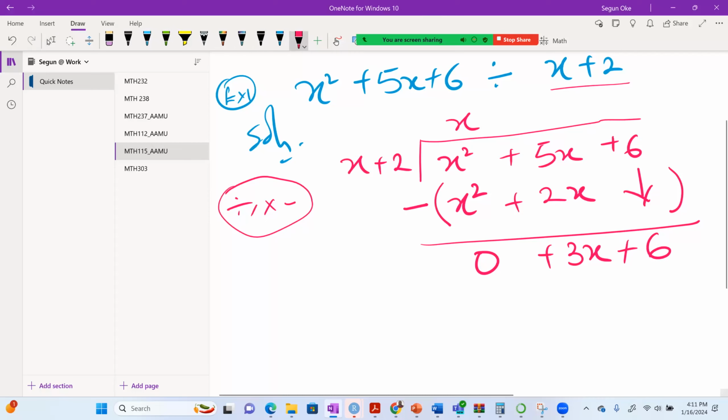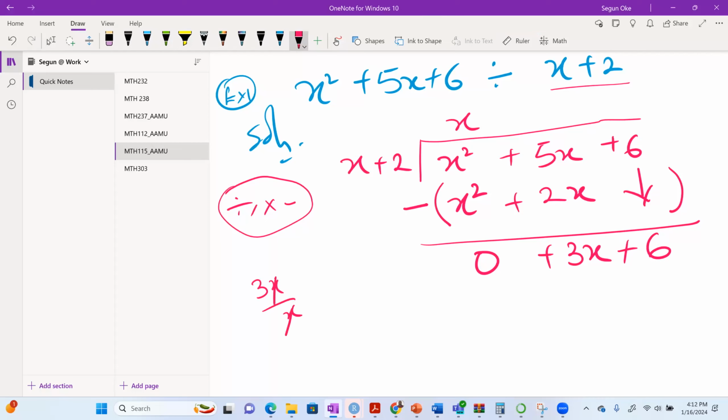Okay. So the next thing is to go back to the x again. How many of this particular x is in this 3x? So meaning you have 3x divided by x. You have 3. So it simply means you have to put plus 3.